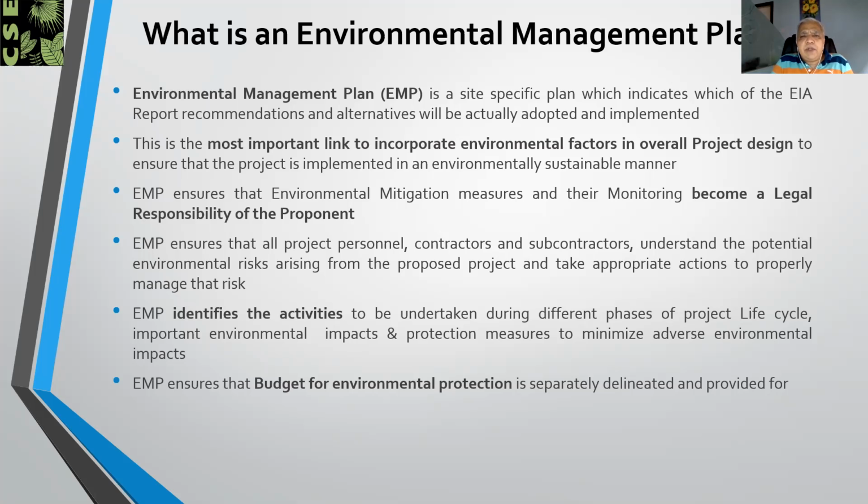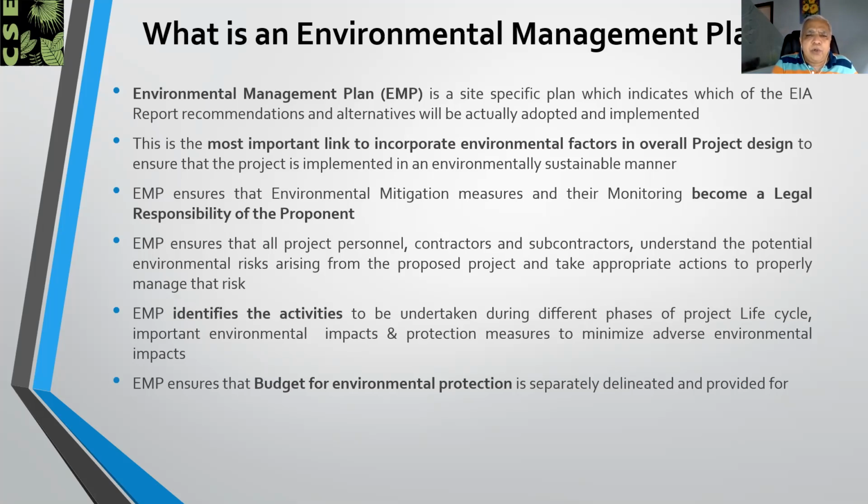Thus, this is a very important link which helps to incorporate the environmental factors in the overall project design. Now, due to amendments in the EIA notification, the EMP, which includes environmental budget, environmental mitigation measures, and monitoring, has become a legal responsibility of the proponent.